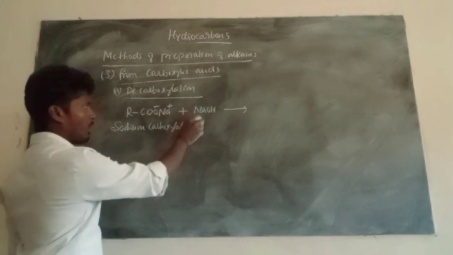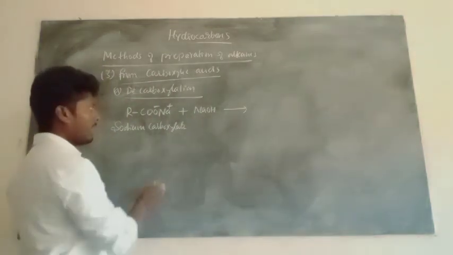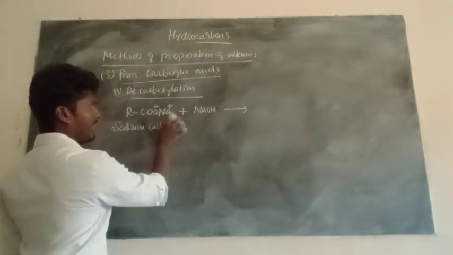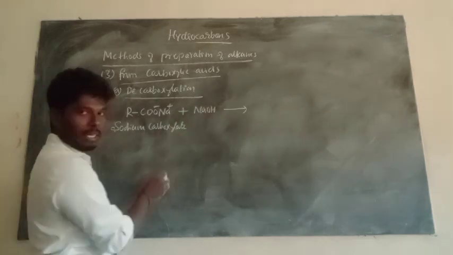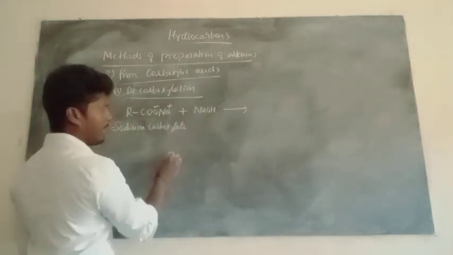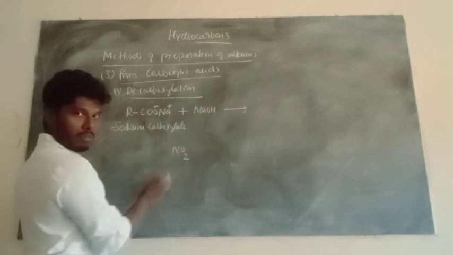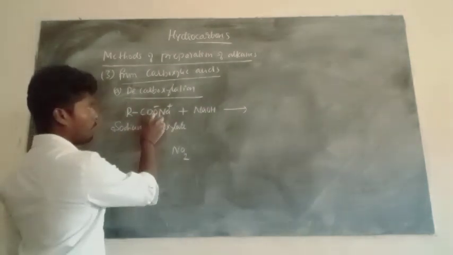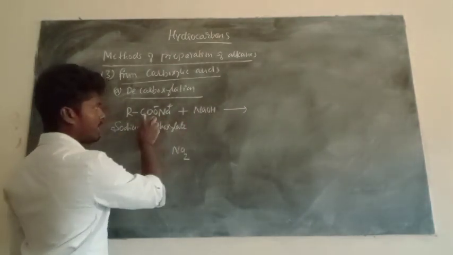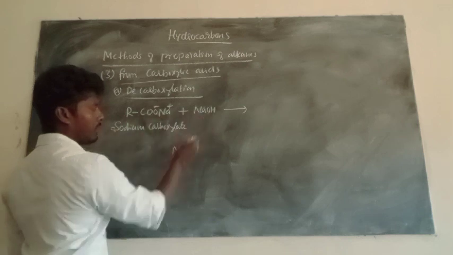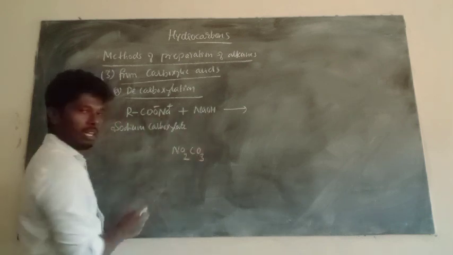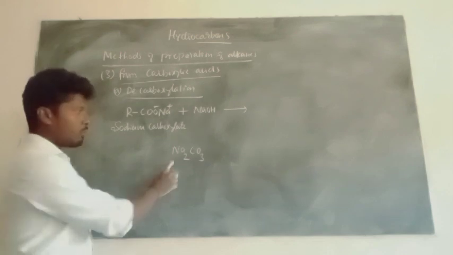So when sodium carboxylate is treated with sodium hydroxide, observe this: Na and Na becomes Na2, then COO, again one O, that is CO3. Okay, Na2CO3, you get sodium carbonate.